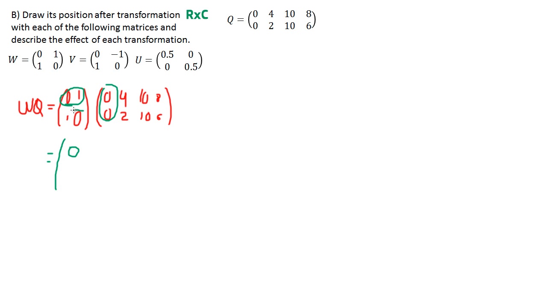And then we do the second row times the column again to get the second value, so it's gonna be 0 as well. 0 times 4 is 0, 1 times 2 is 2, so that will be 2 at the top. 1 times 4 is 4, 0 times 2 is 0, so that will be 4, because 0 plus 4 is 4.